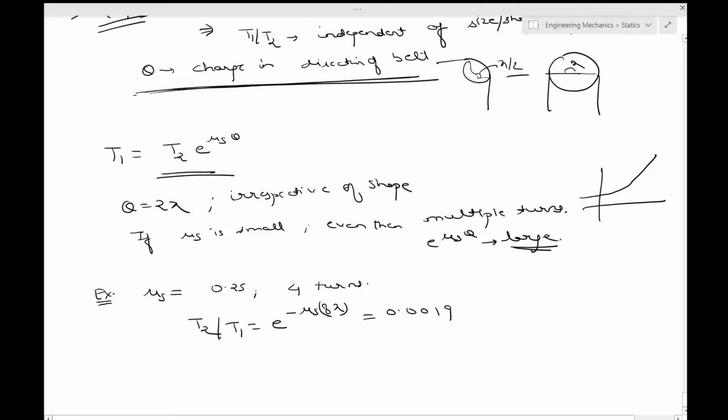So this is how small the tension ratios are, or large, depending on how you see T2 by T1 or T1 by T2.